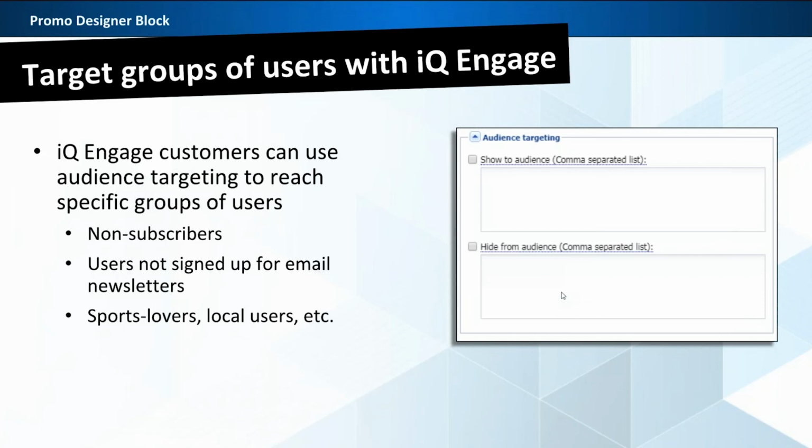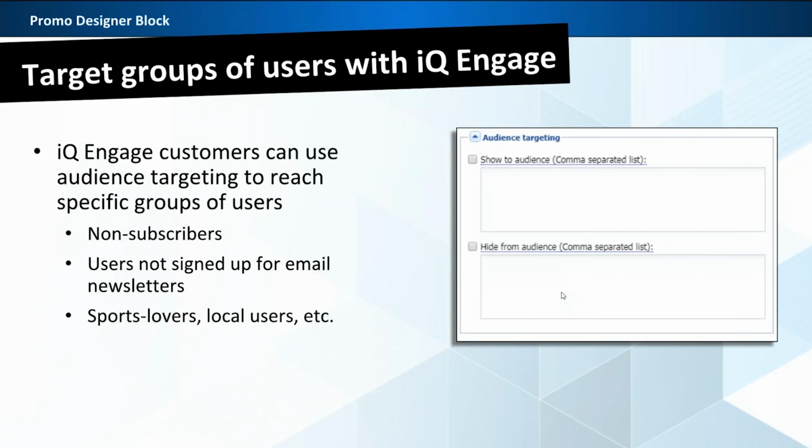So a couple of examples of things that you can do right out of the gate. I mentioned not targeting subscribers with subscription promotions, but same thing for newsletter signups. If there's a user that's already signed up for the sports mailing list, you don't want to target them with a pop-up that says, please sign up for our sports mailing list, every 30 days, because they already did and they don't want to see that pop-up.